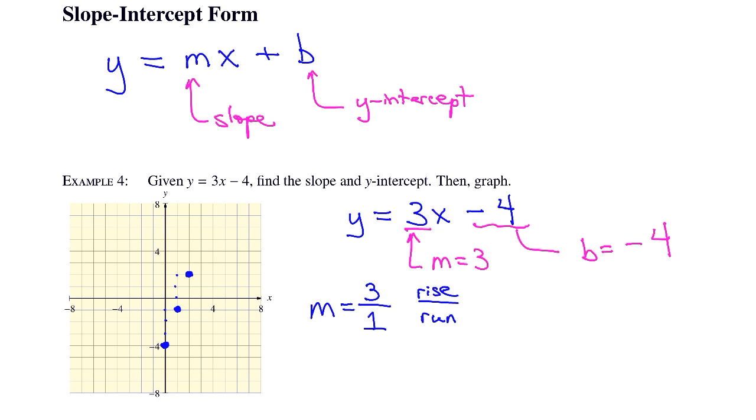And we continue doing this. And then draw the line through those dots, and use arrows to indicate that the line goes on forever. Notice that the slope is positive 3, which would indicate that the line rises or increases from left to right.